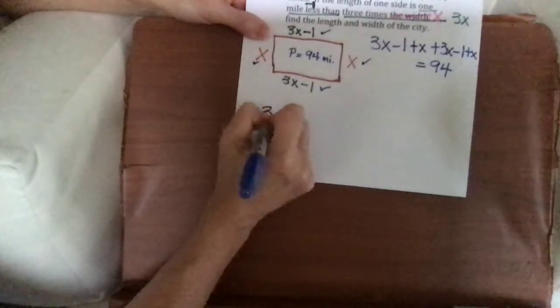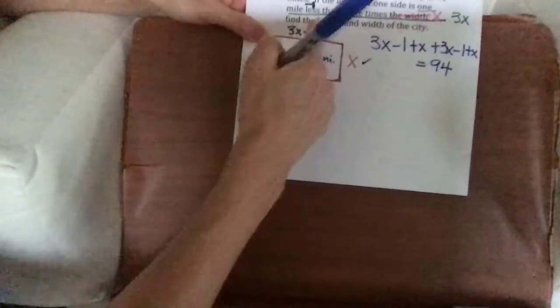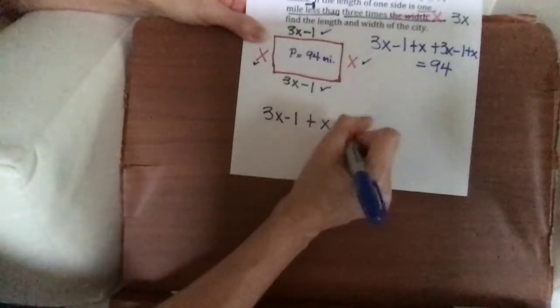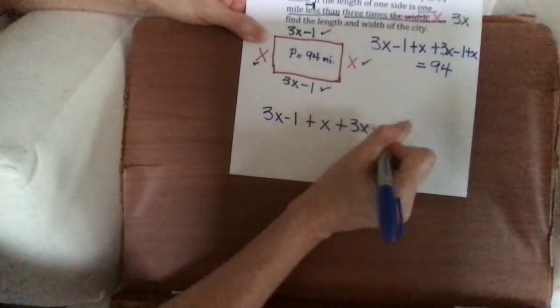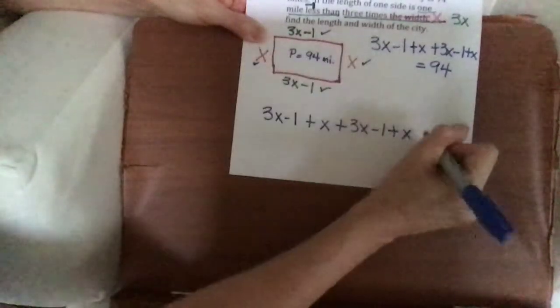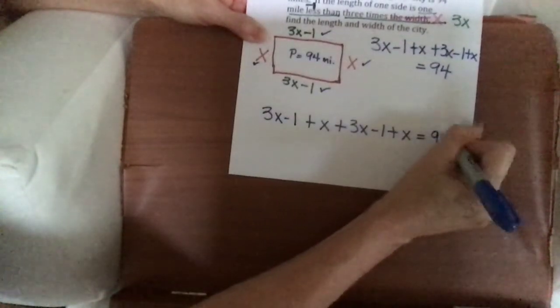So we'll write it down here so we can see it better. It's 3x minus 1, that's the top, plus the x, which is the width, plus 3x minus 1 again, plus the x on the other side for the width, and it equals 94.